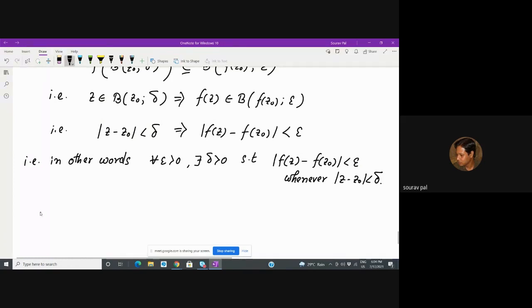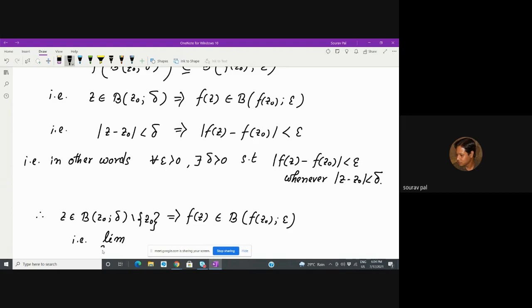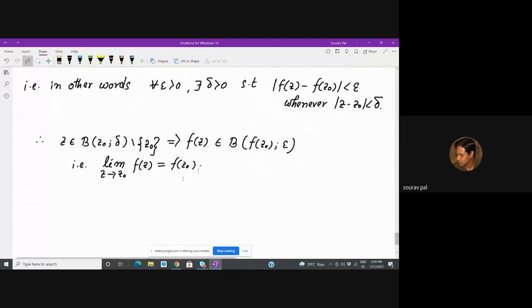Then can't we say that if z belongs to even the deleted neighborhood, so this is a subset, this is a superset, this will definitely imply it. And what is that? That means limit z goes to z0 of f(z) equals f(z0), right? So the continuity can be interpreted in terms of this limit.